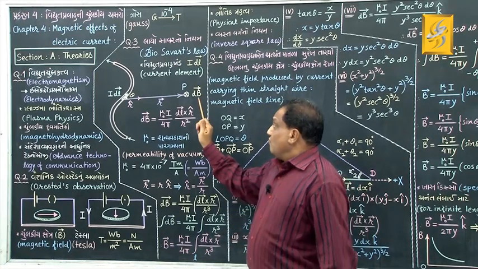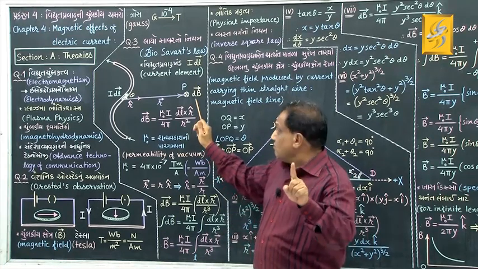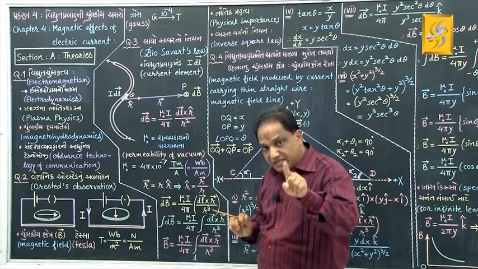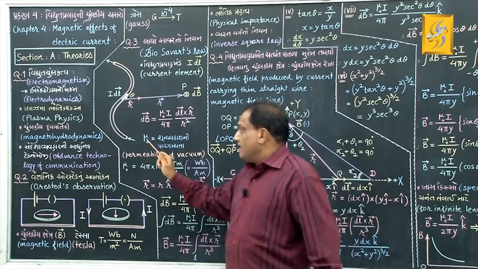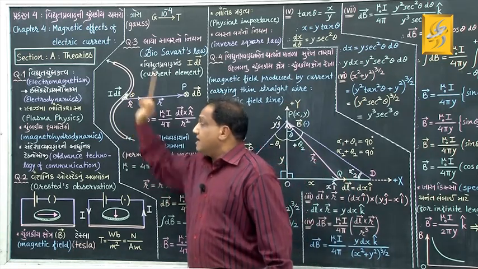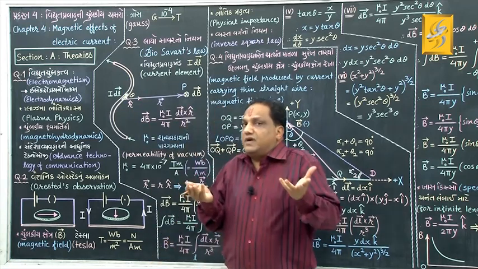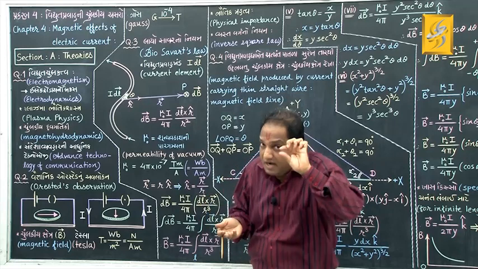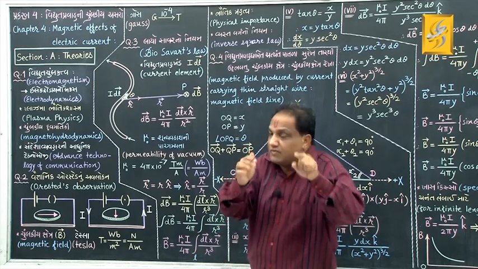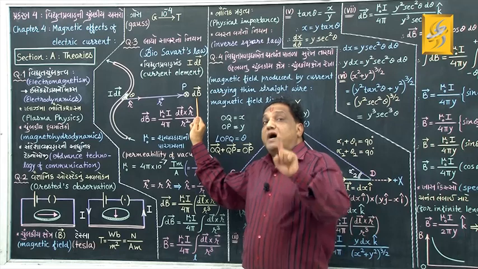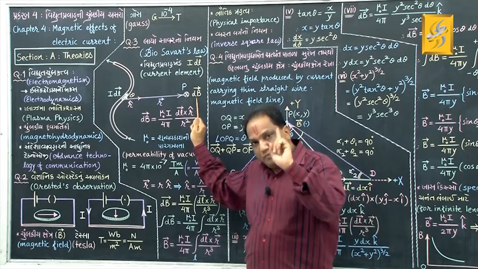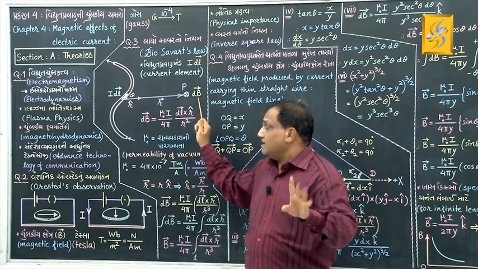See, why not vector B and why the symbol vector dB? The reason is that at present we have not considered the entire length of the wire, we have considered a very small part of it, and that's why, because we are considering partial length of the conducting wire, this magnetic field is called partial magnetic field. You must show it by this symbol vector dB, correct?